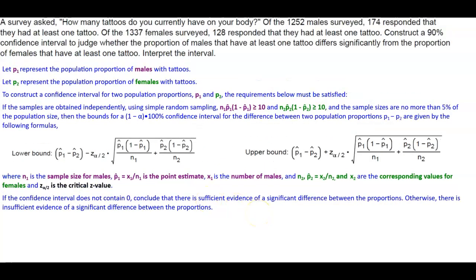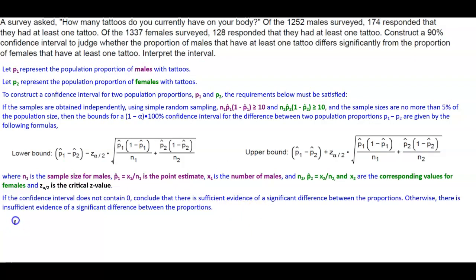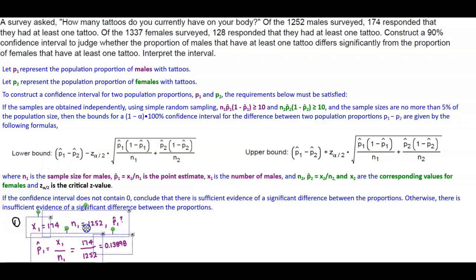Okay, so the first thing we want to do is determine what are the values for x1, n1, and find the point estimate. So if we take a look up here, we will see that x1 represents 174 males that responded to have at least one tattoo out of 1252.